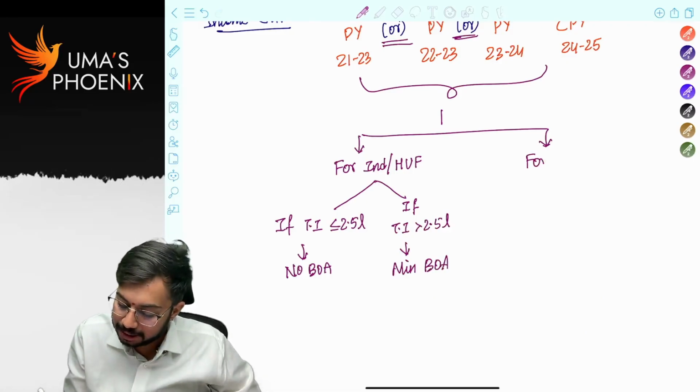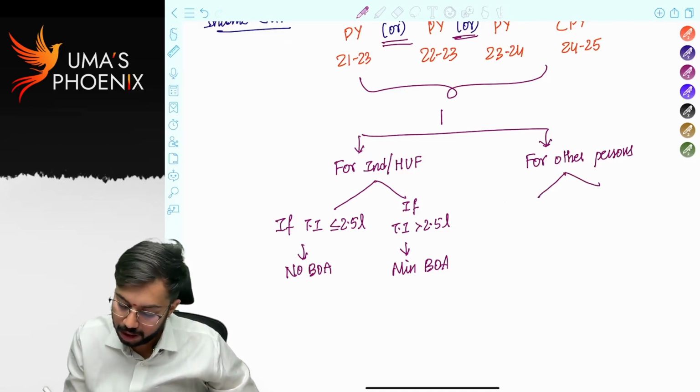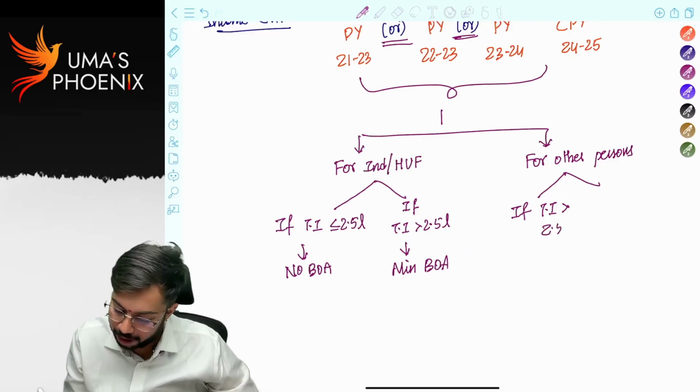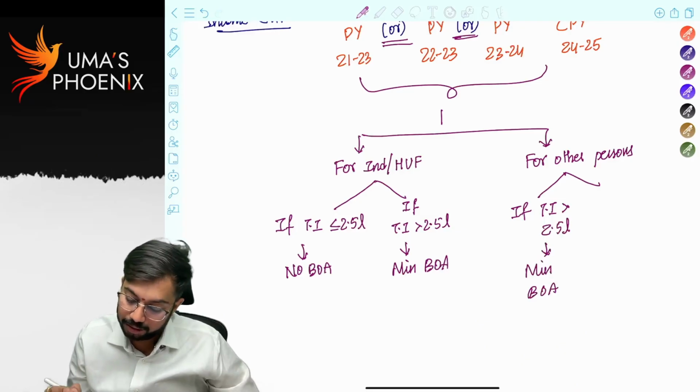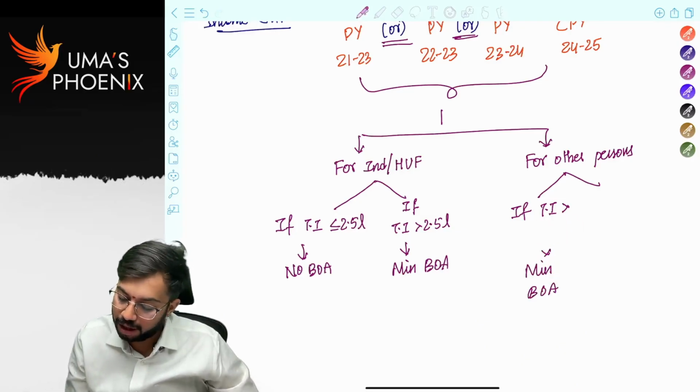For other persons, if total income is greater than 1.2 lakhs, then minimum books of accounts are required.